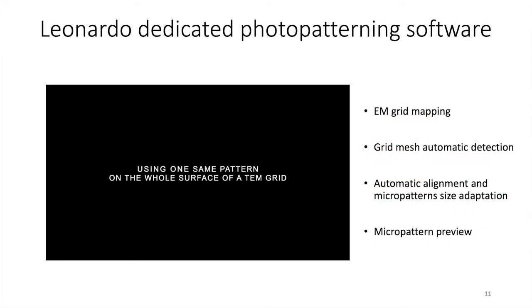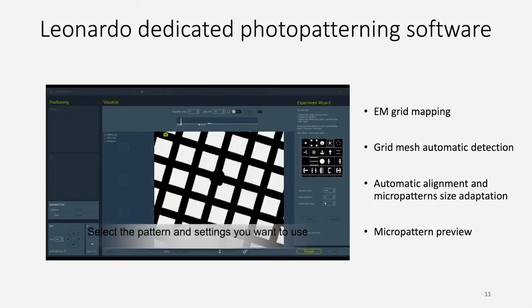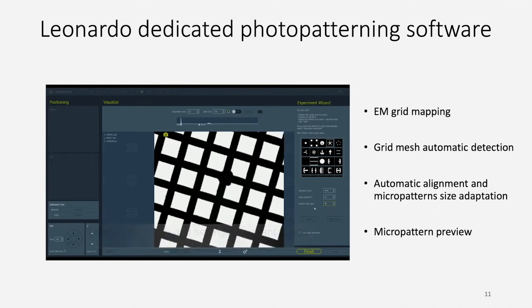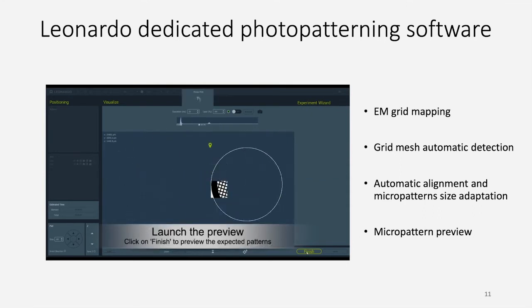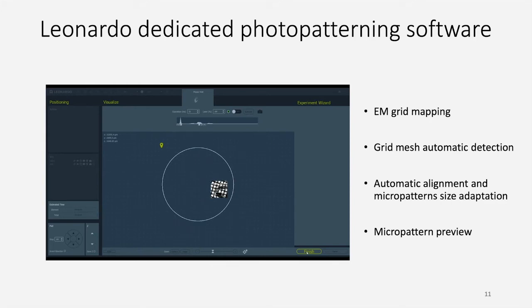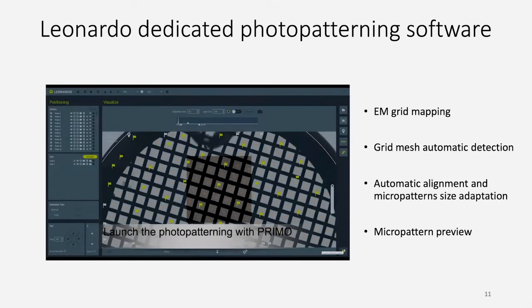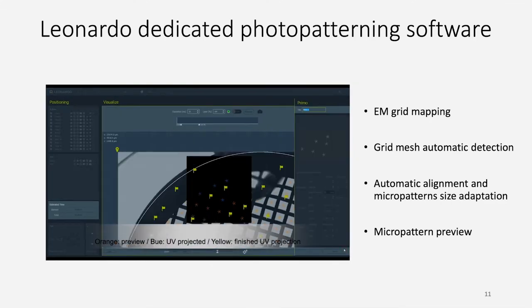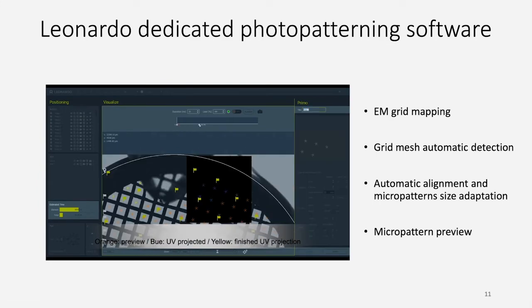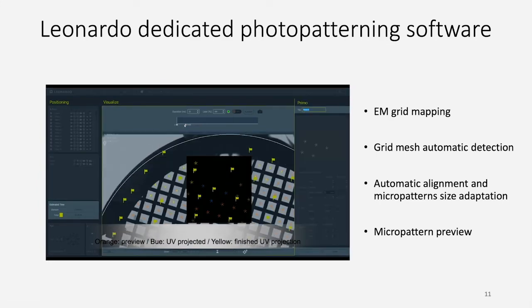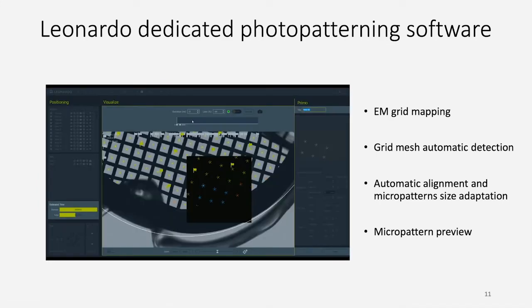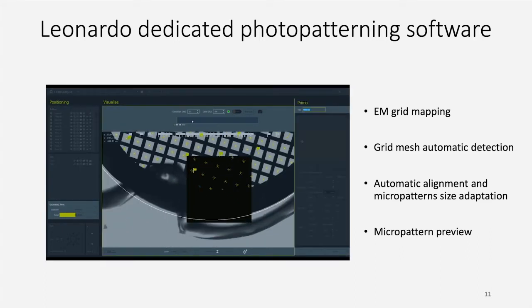So how do we achieve such alignment? As I mentioned a few slides ago, the Leonardo software allows you to observe a projection of your digital pattern on the substrate in real time. So while developing this process, I would manually rotate the grid to fix its orientation prior to creating an array of my digital pattern to fill a 12 by 12 region of the grid.